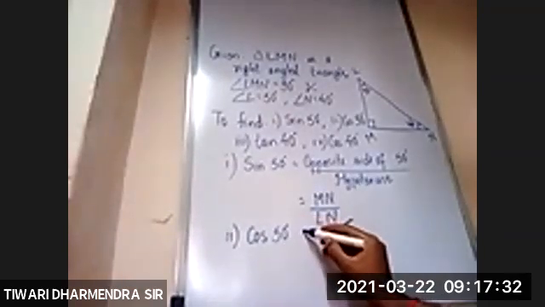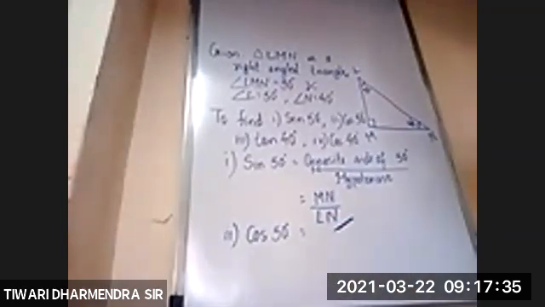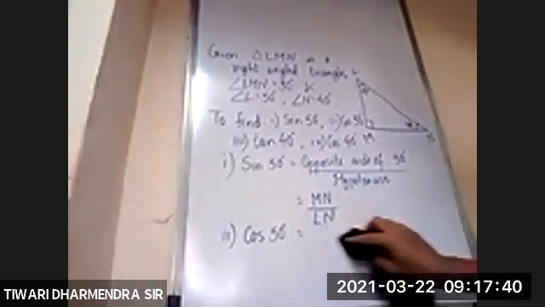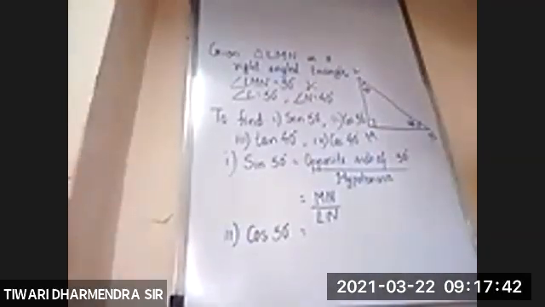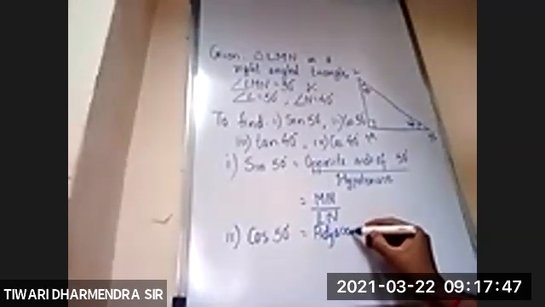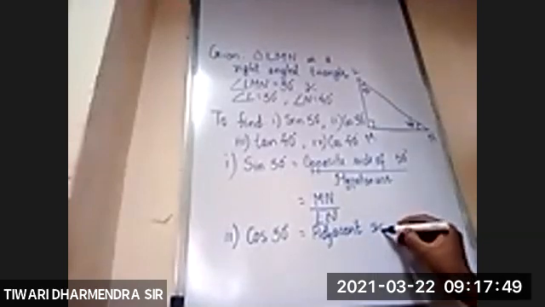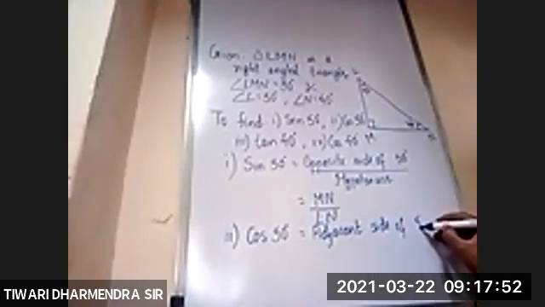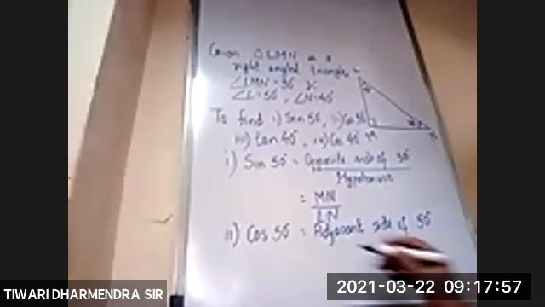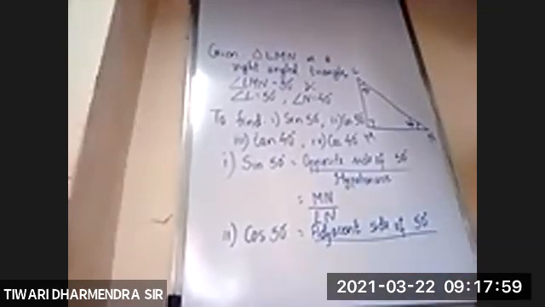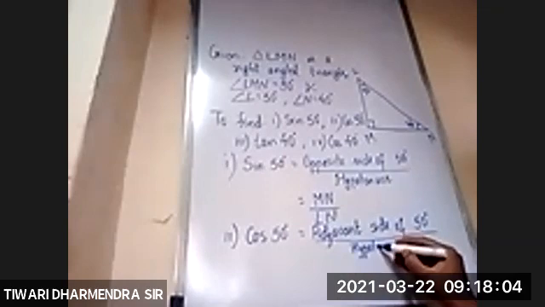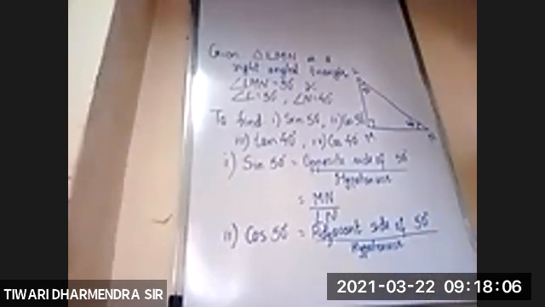So you should write the formula properly to avoid mistakes: adjacent side of 50 degree divided by hypotenuse.